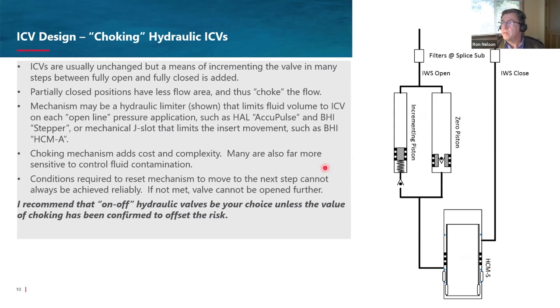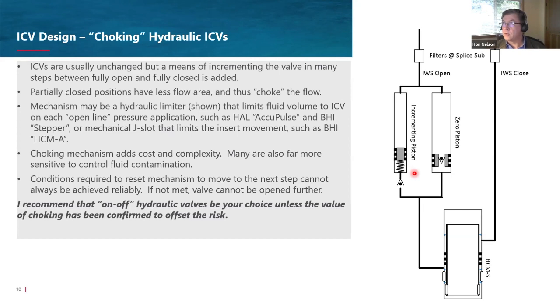I'll note that these choking mechanisms add a lot of cost and complexity, and with complexity comes risk. They're more sensitive to control fluid contamination. And also there's a reset that needs to be done. I'll touch more on this in a moment, but if the well cannot get back to that reset condition, you won't be able to open the valve any further.